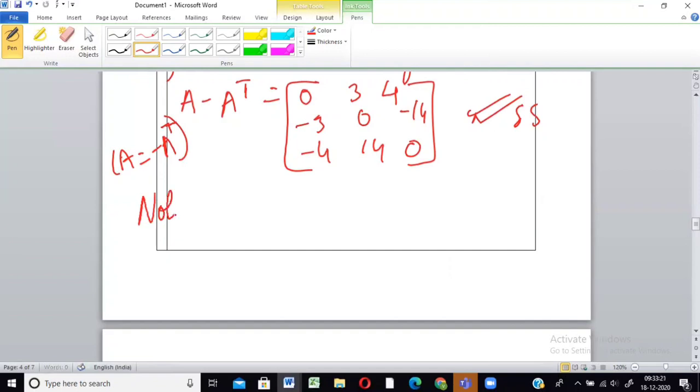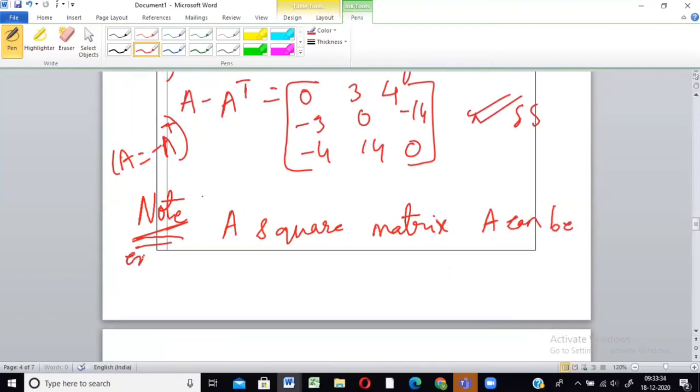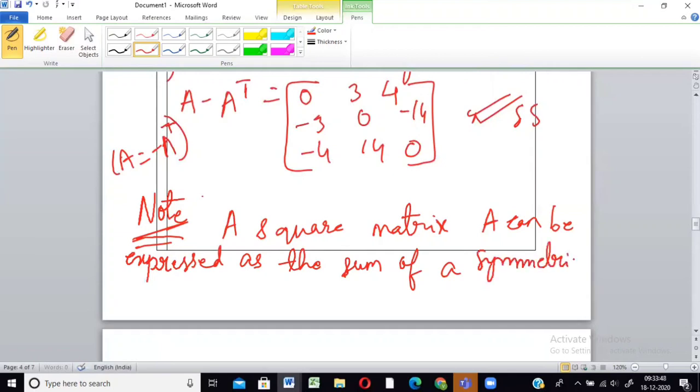Suppose a square matrix A. Any square matrix A, as I said, square matrix means an equal number of rows and columns, can be expressed as the sum of a symmetric and a skew symmetric matrix as follows. They can ask you this as a blank or MCQ or one-liner.